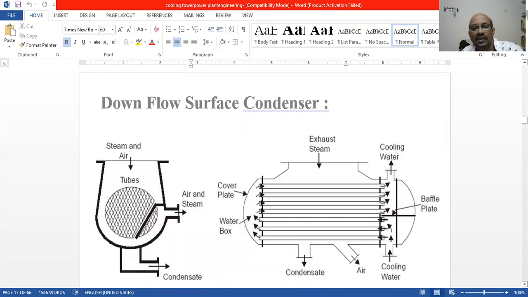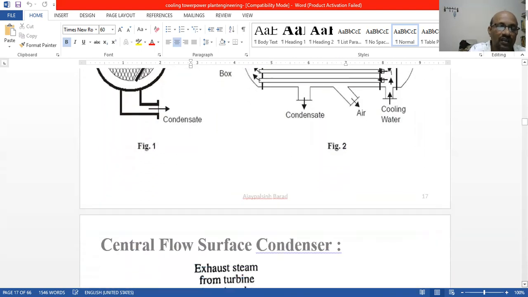Cooling water is entering, and we are removing the air. We remove the heat using this cooling water as well as the air, since air is already entering with the steam. So the volumetric efficiency and thermal efficiency increase in this type of condenser. This is the big advantage.